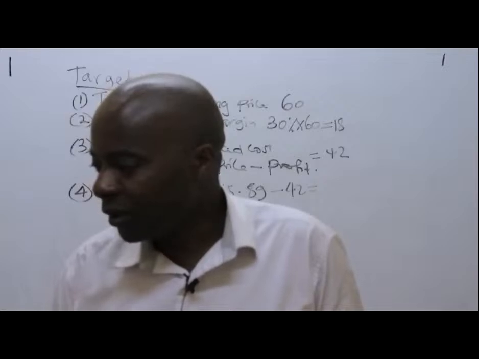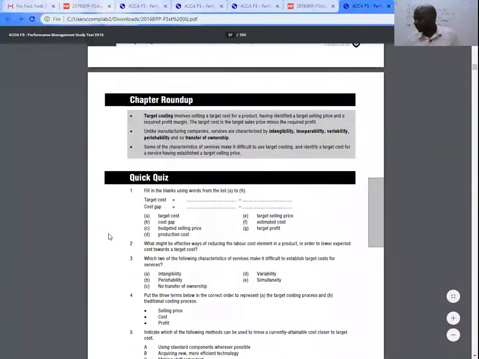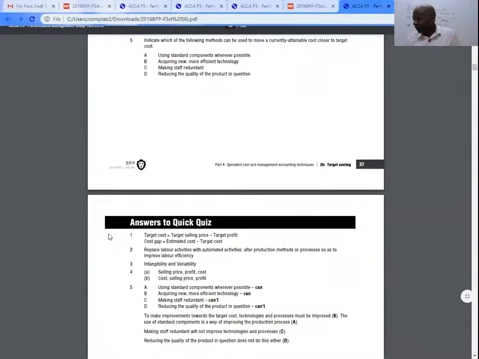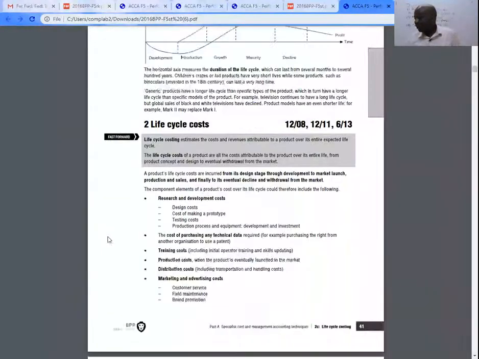Now, ladies and gentlemen, mentioned there, life cycle costing. So under life cycle costing, what are we supposed to know?